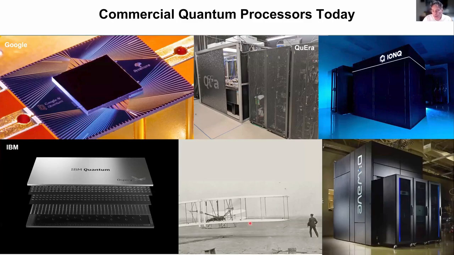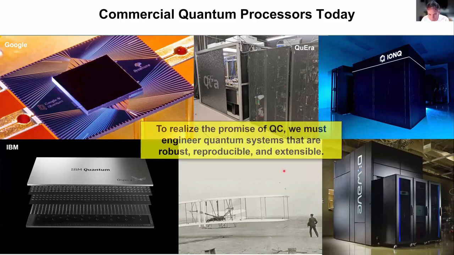It was under its own propulsion and it flew. Didn't fly very far, not very far off the ground either. But when we saw this event, we knew that commercial aviation would come. It would take a couple decades, but it would come. And I believe that we have had this Wright brothers moment now for quantum computing.